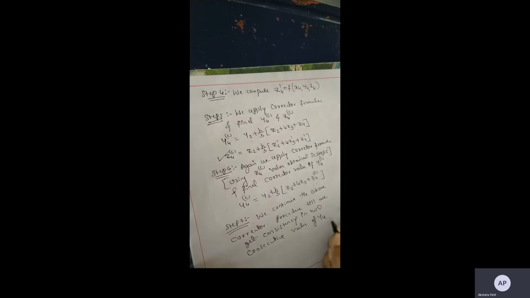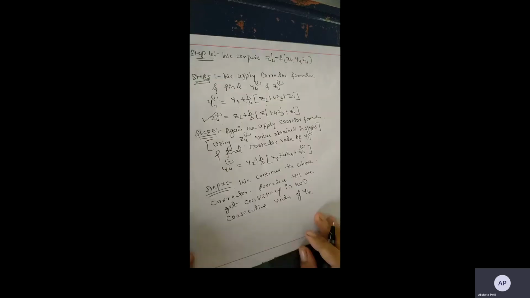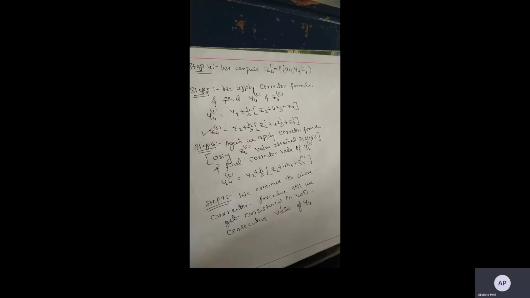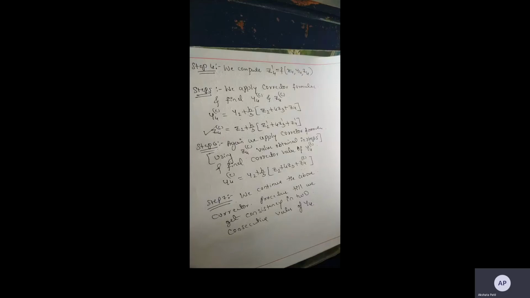Okay, I hope you understand the working procedure of second order ordinary differential equation by using Milne's method. So this is a working procedure for solving the examples. Now let us solve the examples.